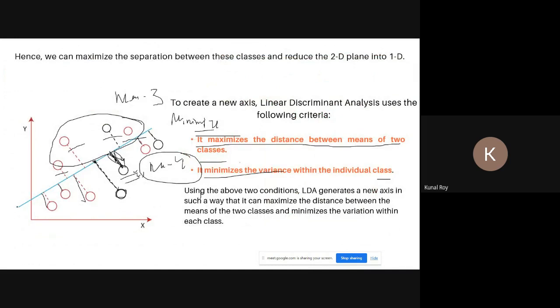So this linear classification can be done using discriminant analysis, or it is a part of the discriminant analysis. It separates the independent variables into two parts just by calculating the mean and maximizing the distance between the classes and the mean of that data. Here the mean is acting like the center of mass, we can say.